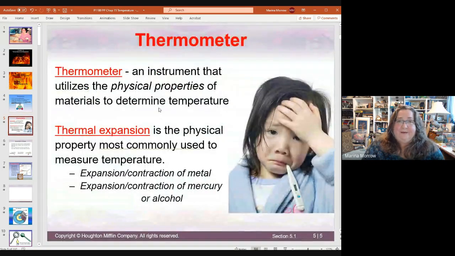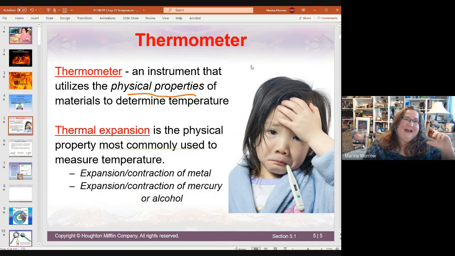Now, we use thermometers to measure temperature. Thermometers usually have different materials that have different physical properties. So, for instance, if it was a mercury thermometer, the mercury would expand as it heated up, and that would make the level rise in the thermometer.